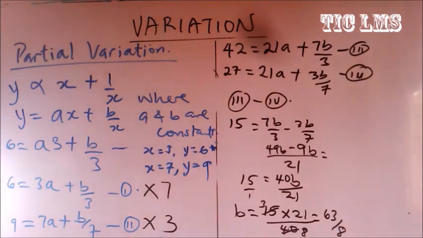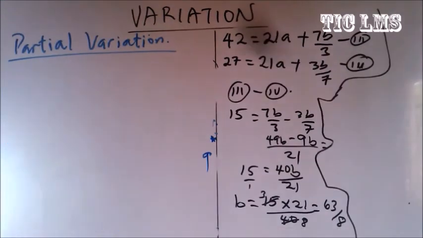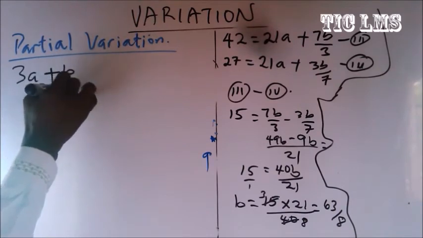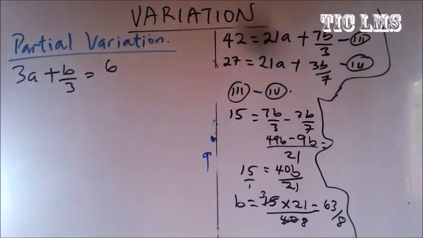Alright, so we substitute 63 over 8 as B in one of the equations. So let's use equation 1. So we have 3A plus B over 3 equal to 6. To substitute B, I would suggest we clear the fraction in this equation.